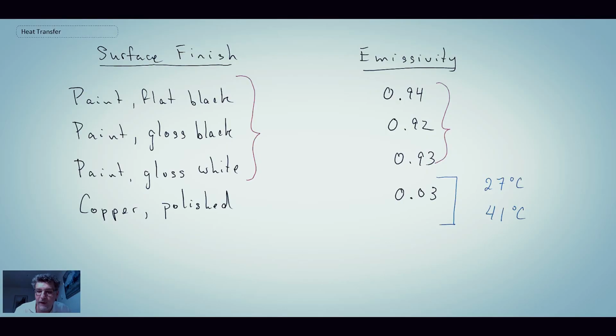It was kind of old and a little tarnished, so the emissivity may be a little bit higher than this 0.03. But you can set emissivity in any kind of infrared detector. And for the camera that I was showing you the results for, the emissivity is set to 0.95.